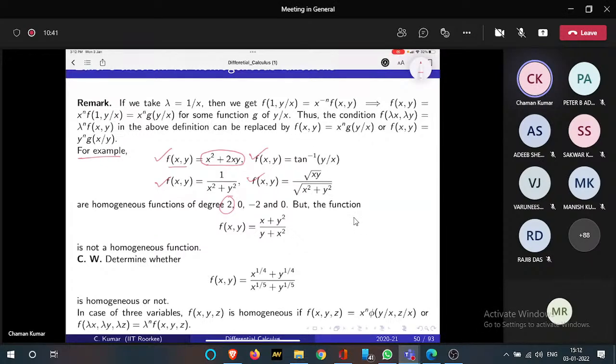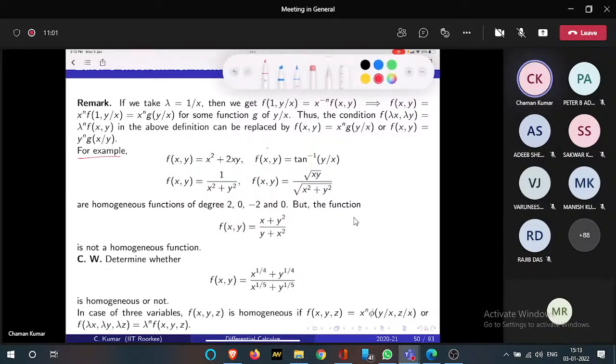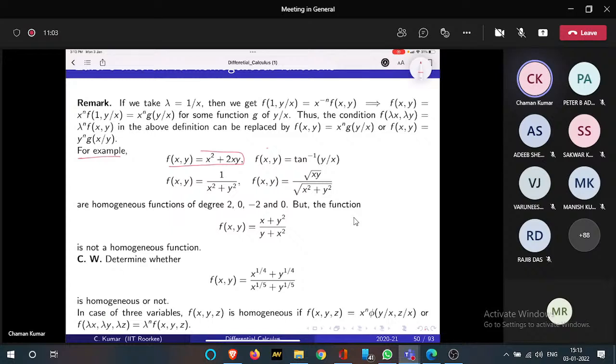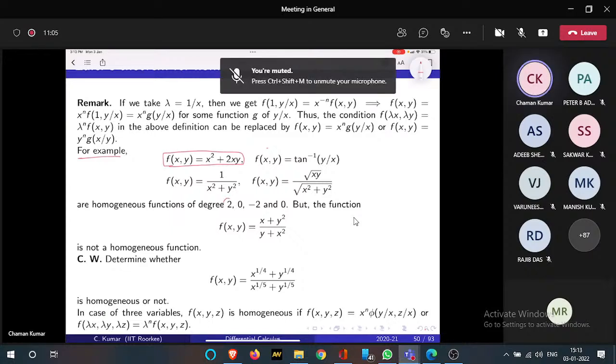Both the terms have degree 2: x raised to 2 has degree 2, and 2xy also has degree 2, as you add the powers of x and y. So the first function is a homogeneous function of degree 2.